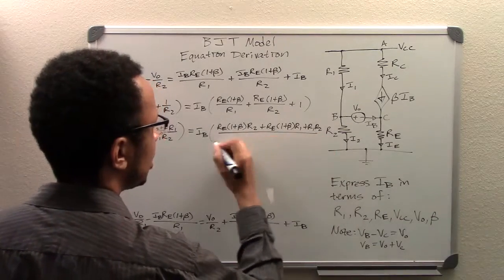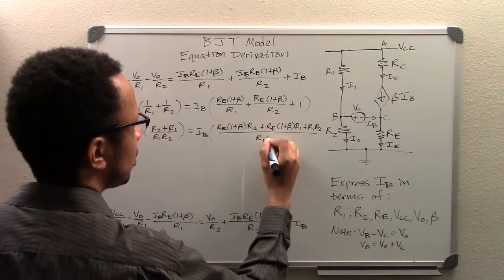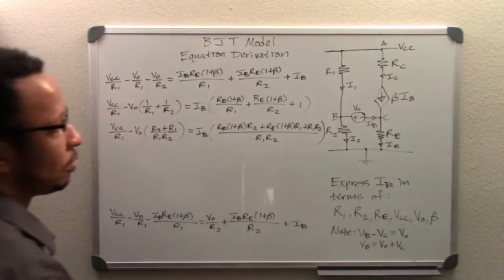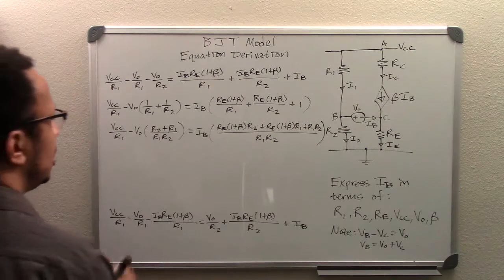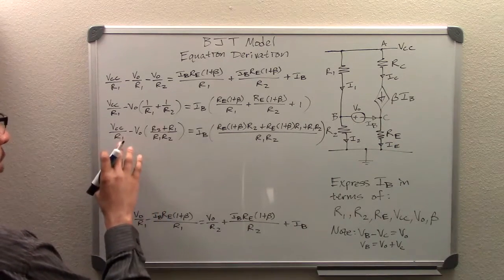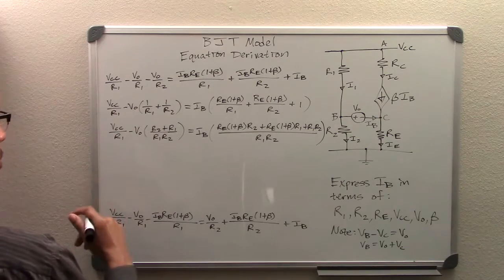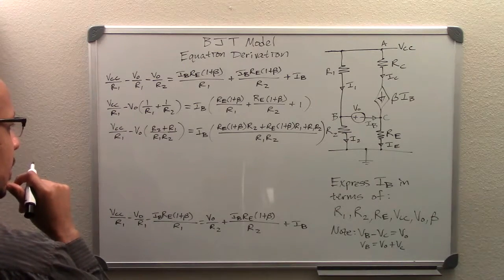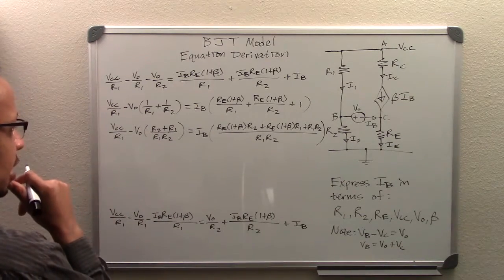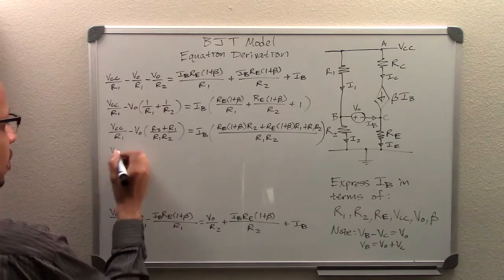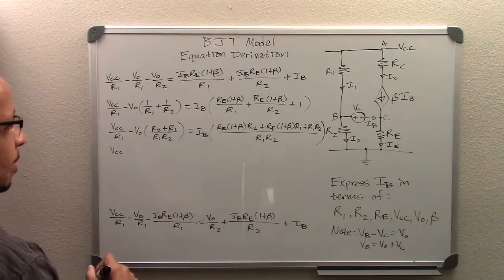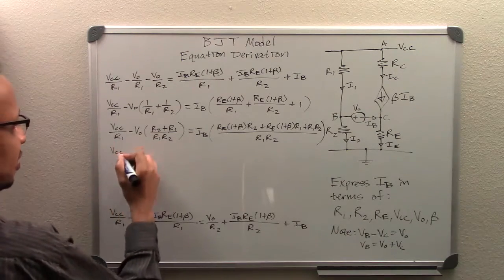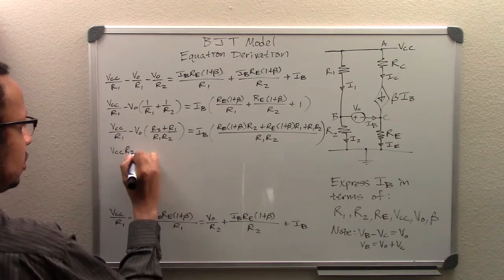Running out of space here, getting kind of cramped. R1, R2, there on the bottom. So that's what we have there. Next, I'll go ahead and add this up as well. What I'll do is we have our VCC, and the common denominator is R1, R2, and so VCC needs to be multiplied by R2.